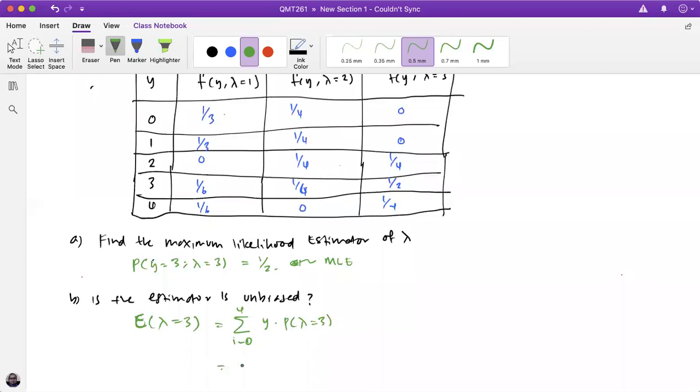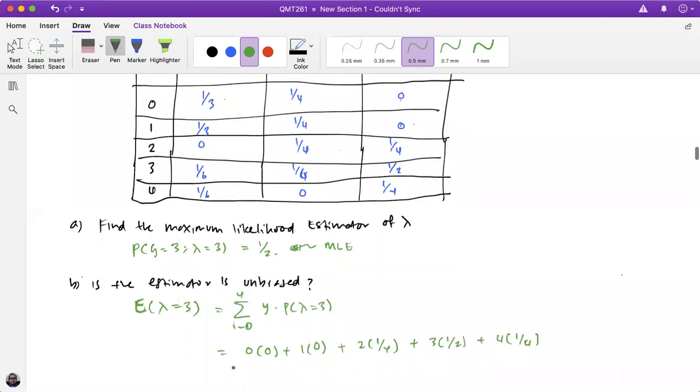So now it becomes 0 multiplied with 0, 1 multiplied with 0, 2 multiplied with 1 over 4, 3 multiplied with 1 over 2, and 4 multiplied with 1 over 4. So it becomes 0 plus 2 times 1 over 4 plus 3 times 1 over 2, and the last one is 4 times 1 over 4.